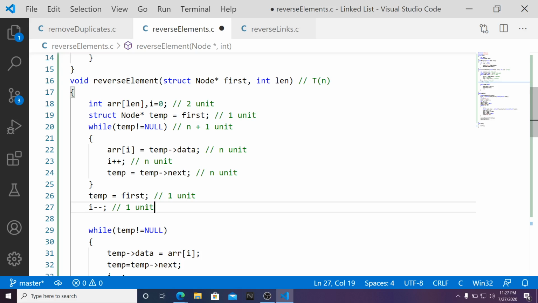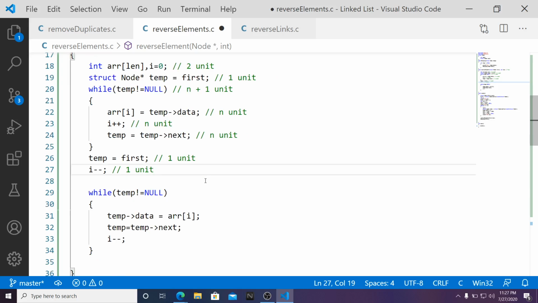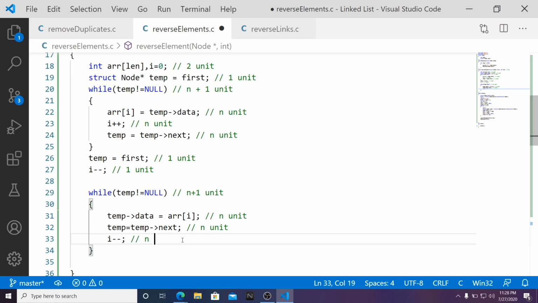Again there is a loop, same kind of loop, which means the condition will be checked for n plus 1 units, and in the body part n times we will be entering, which means each and every line of the body will be executed for n times. So this line will be taking n units of time. temp equal to temp of next will be taking n units of time. i minus minus will be taking n units of time.